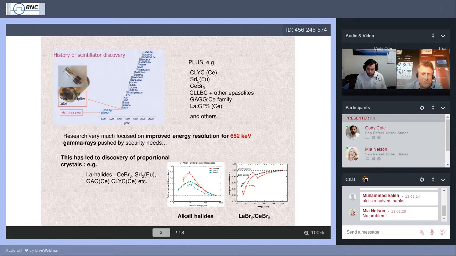Whereas in high-resolution materials like lanthanum bromide or cerium bromide, this ratio is much more constant, deviates less from 1. And this means that with those materials, you can actually achieve resolutions of 3 to 4% at 662 keV. You will hear that I refer often to 662 keV because it's some kind of a golden number. But you should not forget there are many more energies that are important for all those different applications.